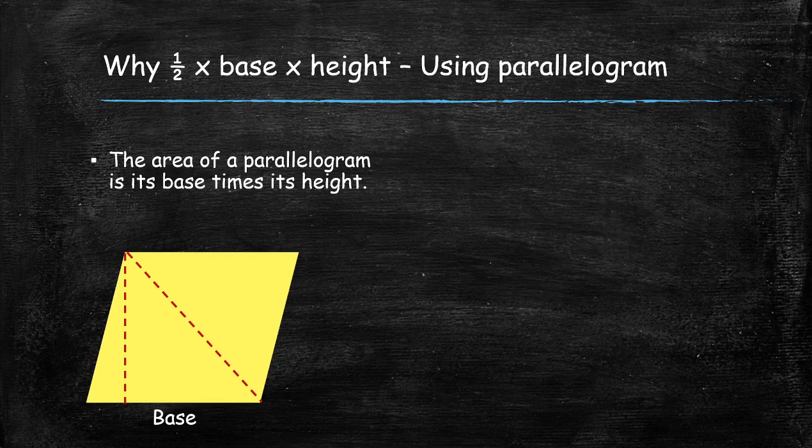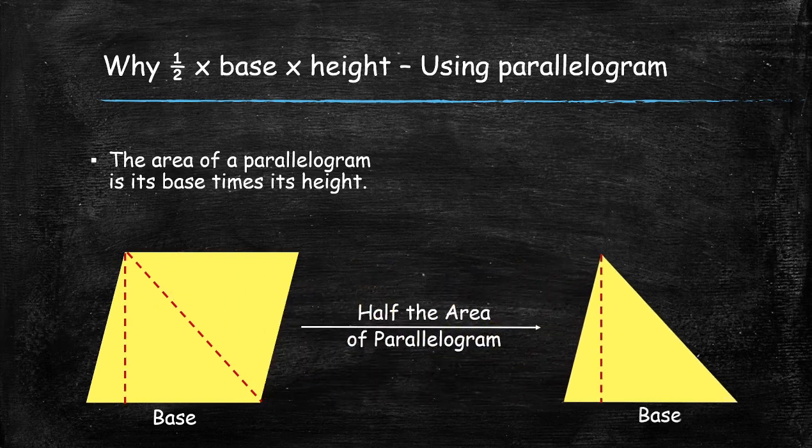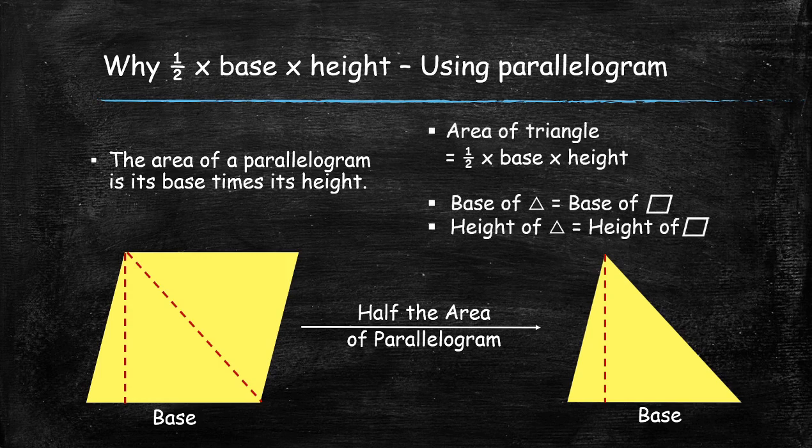Therefore, again, we get the area of a triangle as half into area of parallelogram, that is half into base into height. Here we have two triangles. The base of the triangle is the base of the parallelogram, and the height of the triangle is the height of the parallelogram.